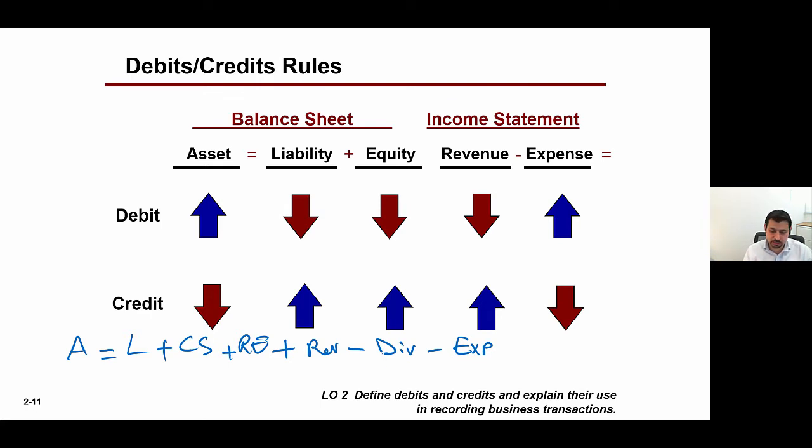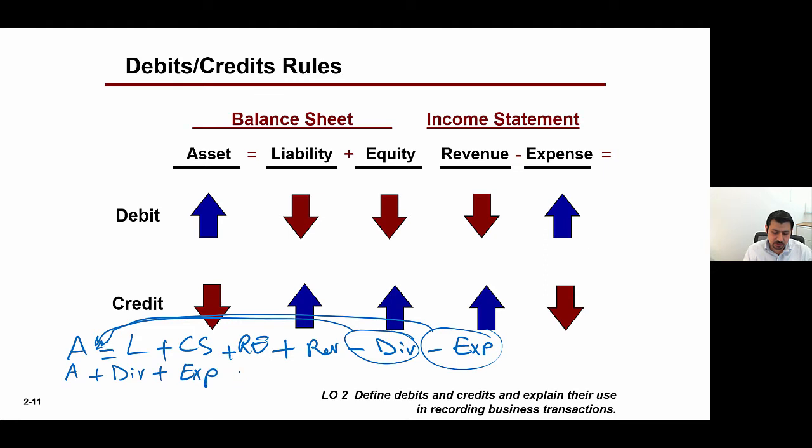The dividends, we'll bring to the other side of the equation, and we do the same thing for expenses, and we end up with assets plus dividends plus expenses equal liabilities plus common stock plus retained earnings plus revenues.